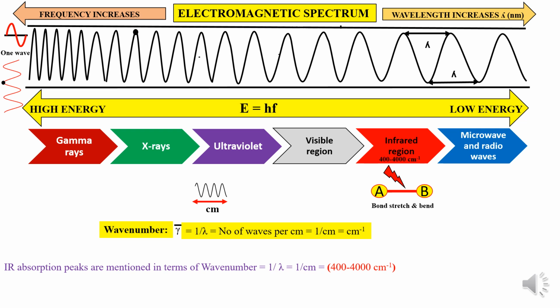Now generally IR absorption peaks in the spectra are mentioned in terms of wave number. That is, they usually consider the reciprocal of the wavelength and thereby end up with the unit of centimeter inverse. So why is that? Why do they consider wave numbers and not the wavelength in meters or centimeters?